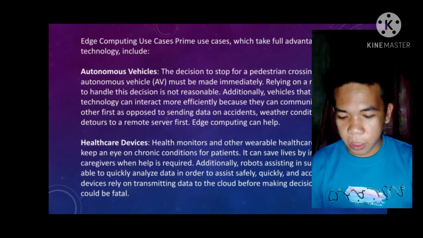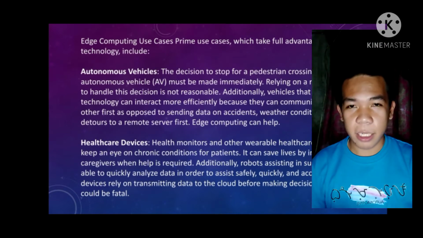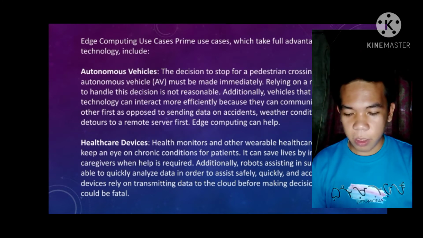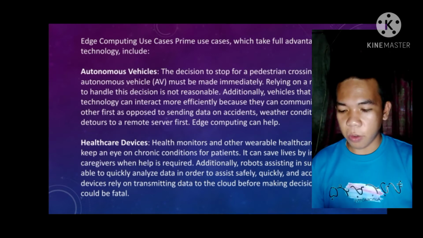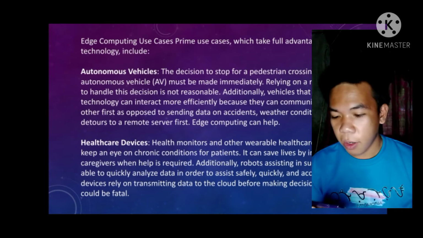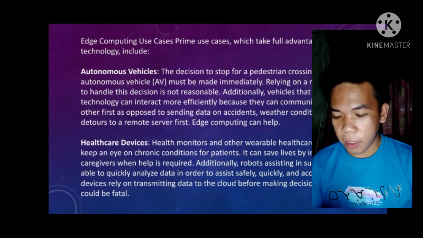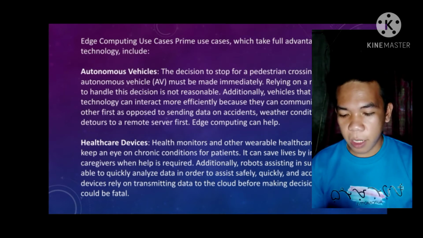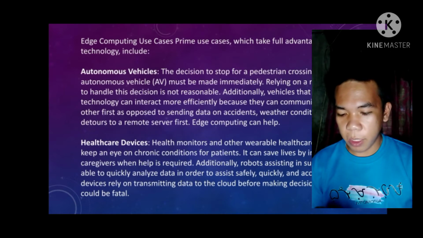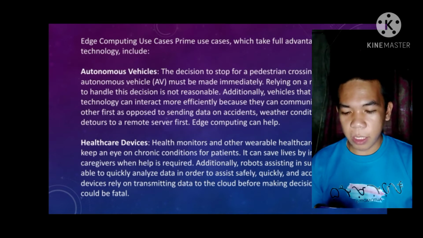Edge computing use cases. Prime use cases which take full advantage of edge computing technology include autonomous vehicles. The decision to stop for a pedestrian crossing in front of an autonomous vehicle, or AV, must be made immediately.